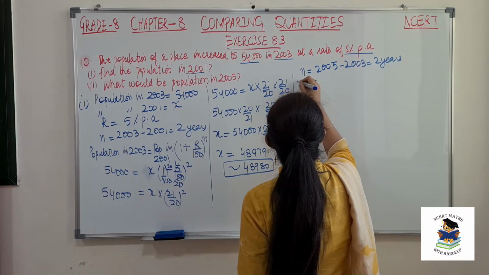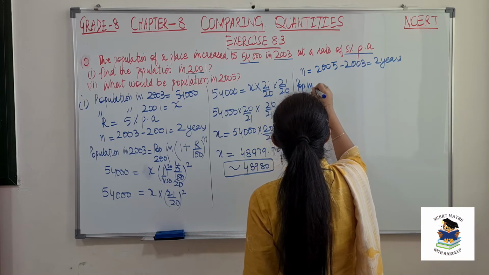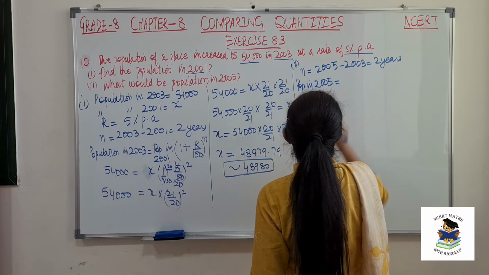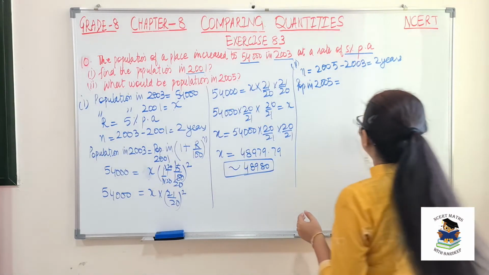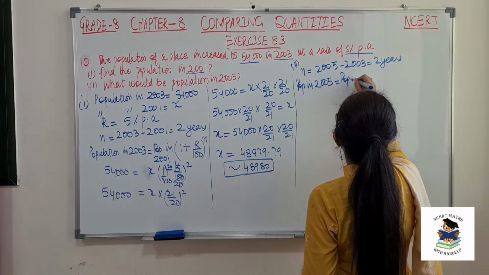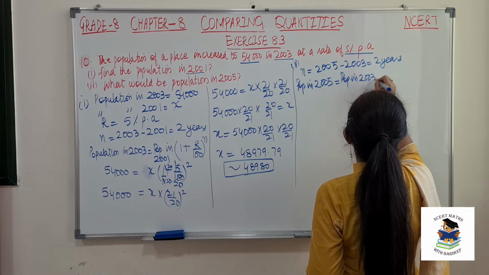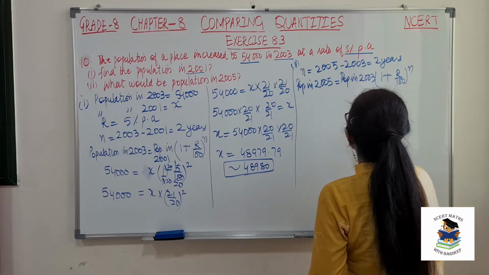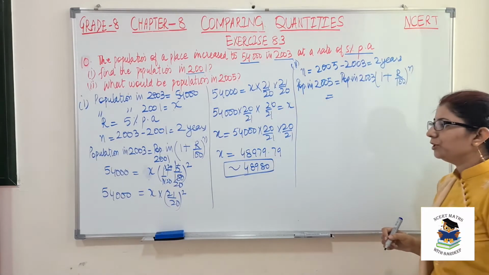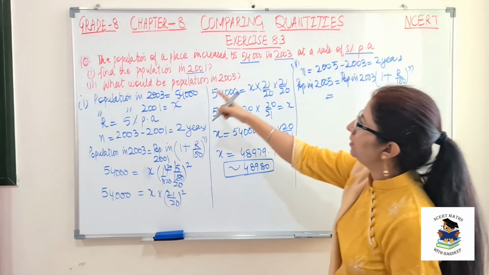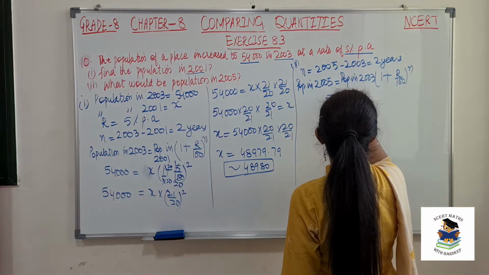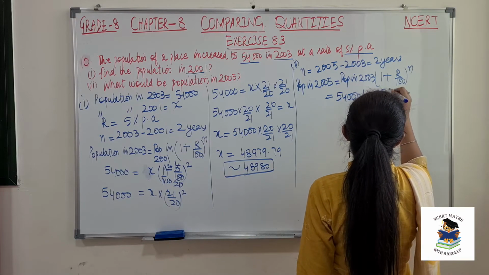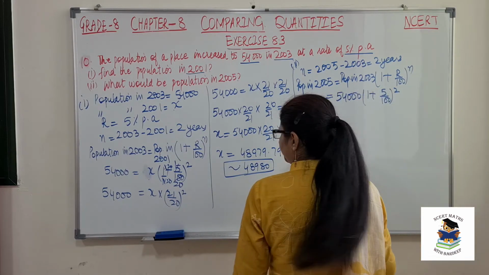Okay, so now the population in 2005, this is our second part, will be the population in 2003 into 1 plus r by 100 raised to power n. The population in 2003 is given, 54,000. R again 5 by 100 raised to power 2.